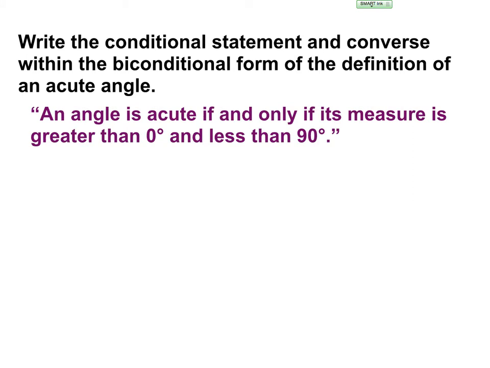Write the conditional statement and converse within this biconditional form. Okay, this is the definition of an acute angle written with the words if and only if. What are the conditional and the converse that combined made that?